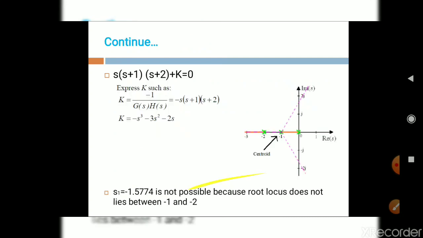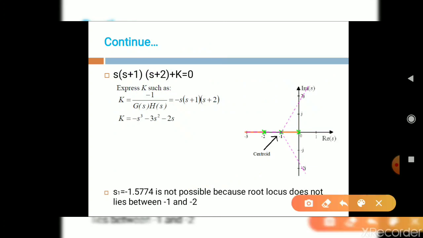So let's start. This is the characteristic equation for the given system: s(s+1)(s+2) + k = 0. The equation is arranged in terms of k, so finally I get k = -s^3 - 3s^2 - 2s.